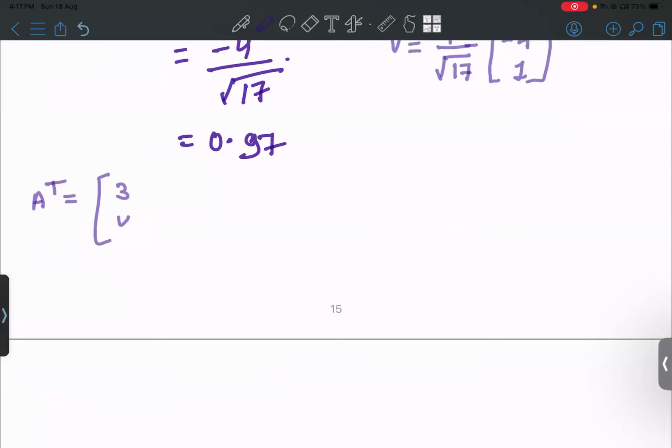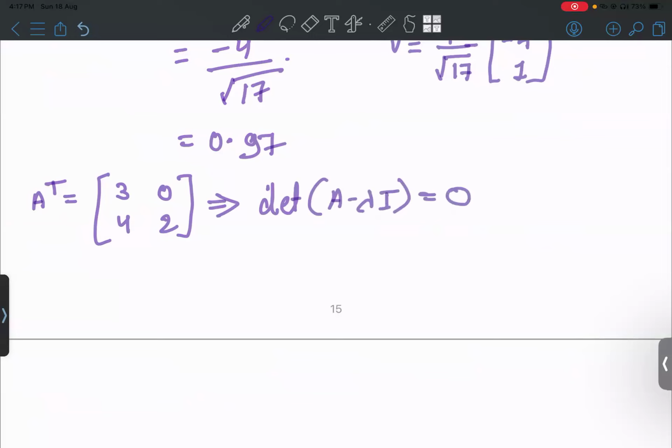A transpose will be 3, 4, 0, 2. Then what will be my characteristic equation, the determinant of A minus lambda I? That will lead to 3 minus lambda and 4, 0, 2 minus lambda equal to 0.